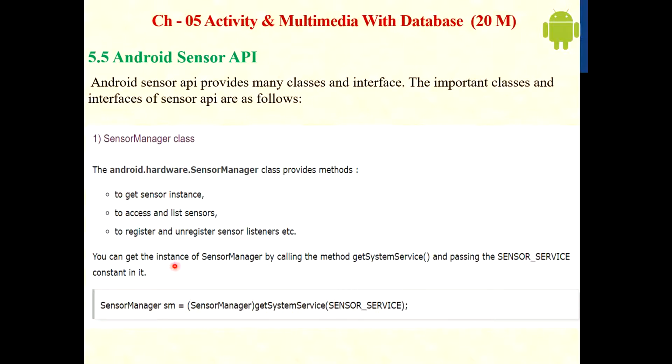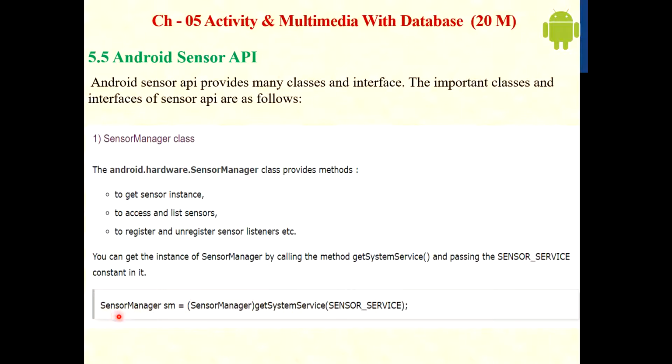You can get the instance of SensorManager by calling the method getSystemService and passing the SENSOR_SERVICE constant in it. SENSOR_SERVICE is the constant, and getSystemService is the method used to create the instance of the SensorManager class.